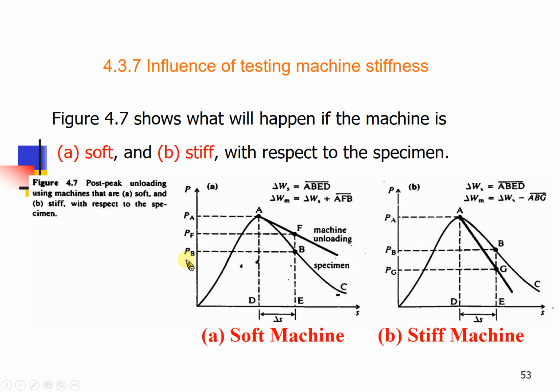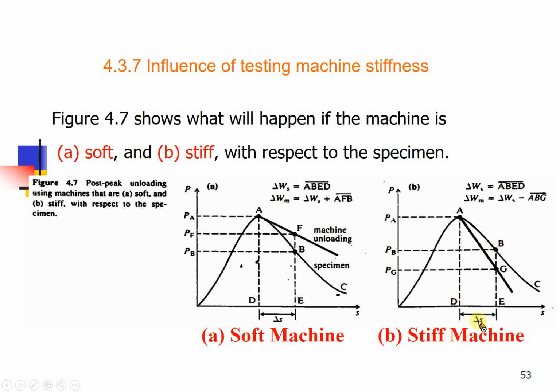Understand? On the other hand, for this case, if you have a displacement equal to delta S, then the stress of the rock goes beyond A and has this displacement. Then the force the rock can sustain will drop from PA to PB.